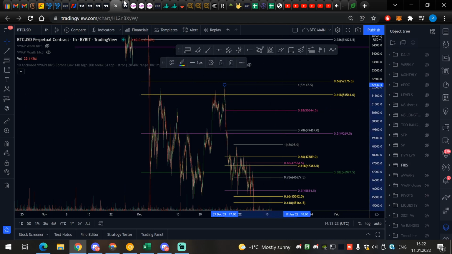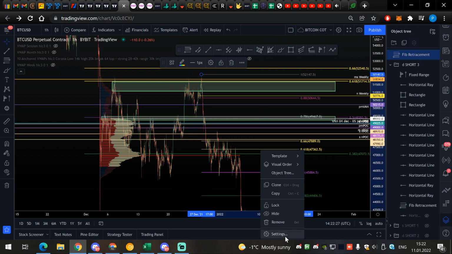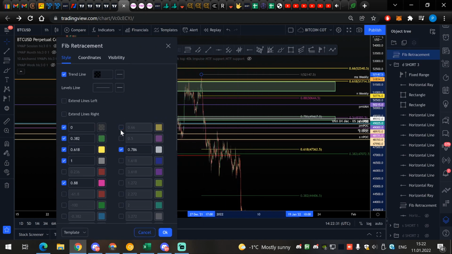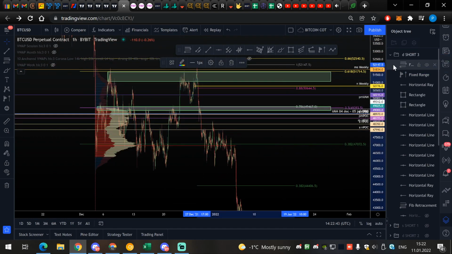Want to copy these fibs as well, but I will be using only the top levels. Okay. Yes, very good.